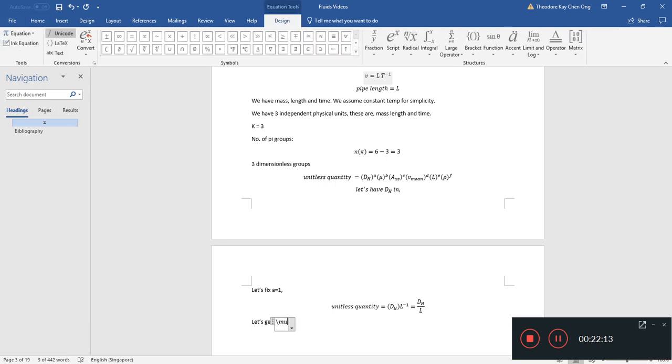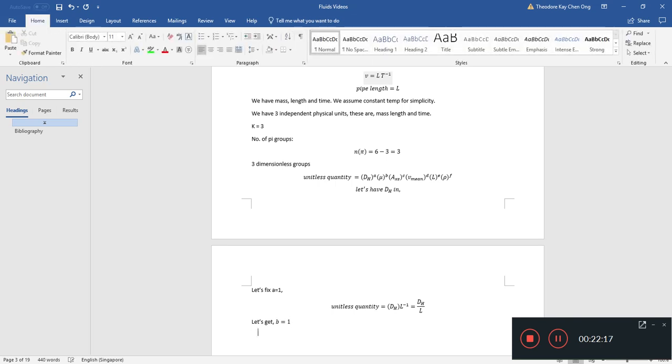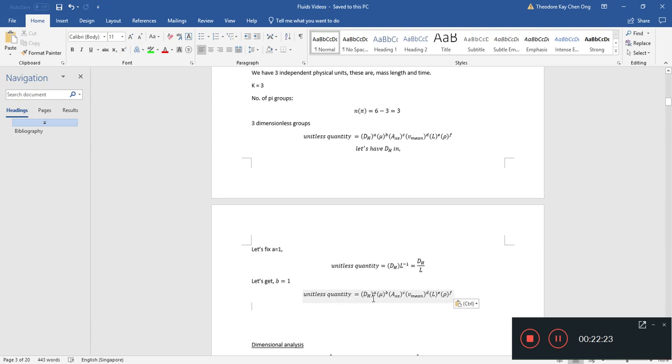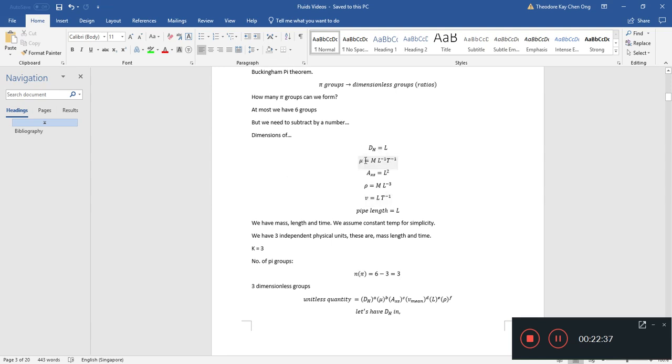Let's get b equals 1. So we'll have this. And what are the units of mu? It'll be useful to write everything up first before you start. Mass per length per time.